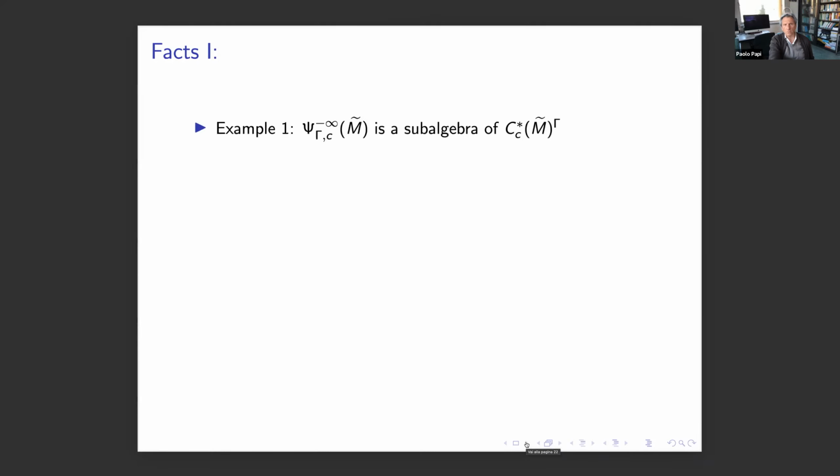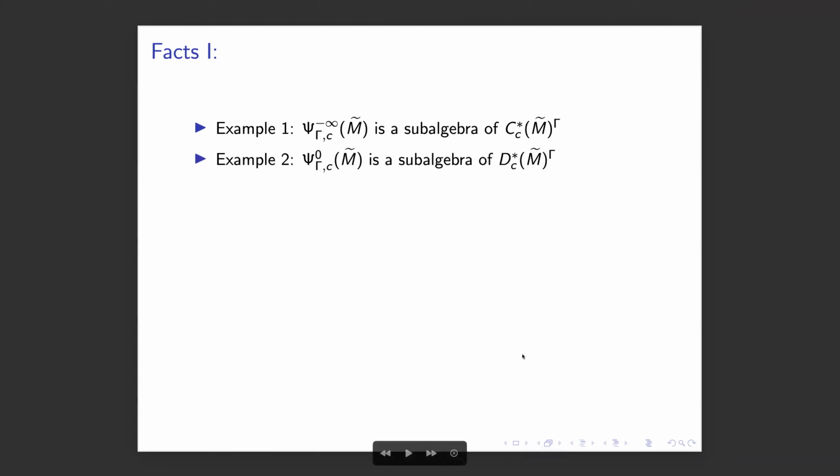Yeah. So, for example, let me point out, because this will be important later, that the pseudo-differential operators of compact Gamma support are a subalgebra of C star, okay? And the zeroth order operators are a subalgebra of D star, even of D star Gamma. Right?